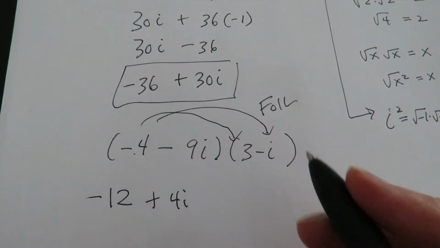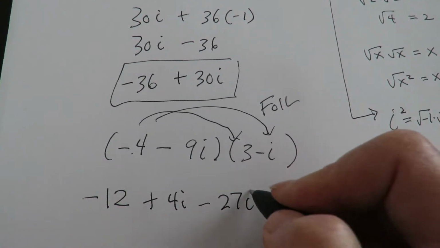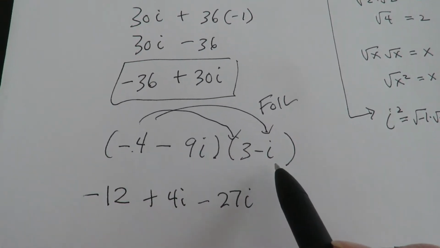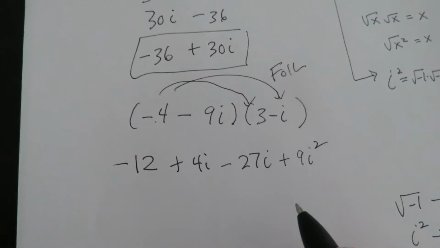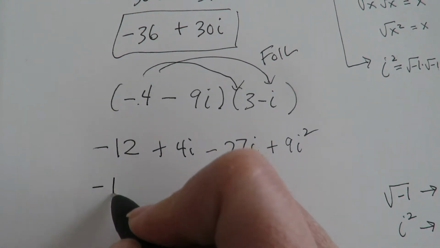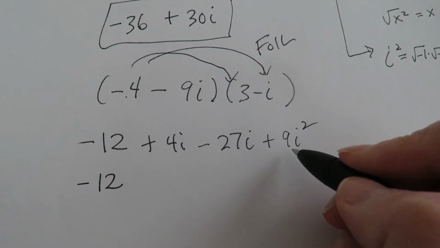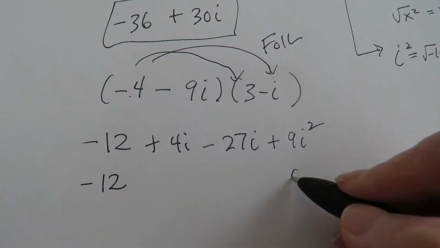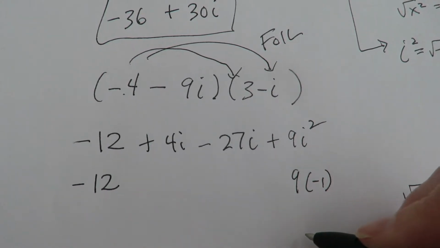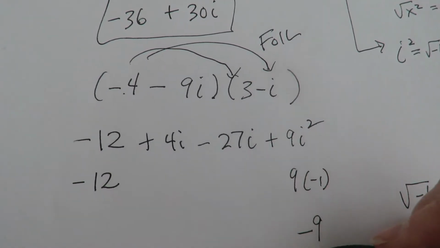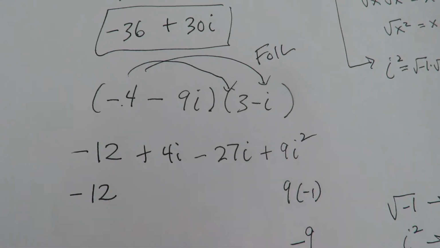Negative 9i times 3 is negative 27i. Negative 9i times i is positive 9i squared. So remember that i squared is equal to negative 1. So this piece over here will eventually come out to be a negative 9, right? It'll switch its sign.